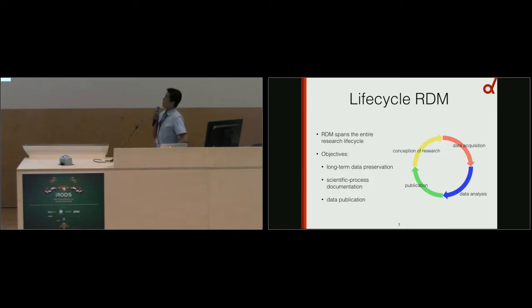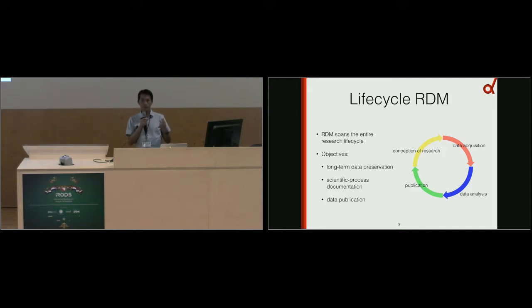So, lifecycle RDM. If you look into different kinds of research, you can structure the research into 4 steps, more or less. Those 4 steps include the initiation of the research, for example, researchers getting some idea of how to do the research. They look into some open data to get ideas to go on with their specific objective.